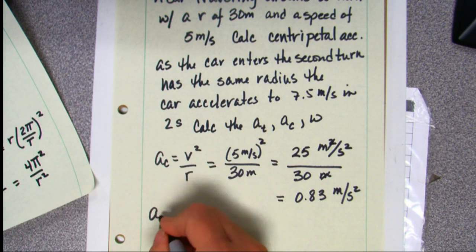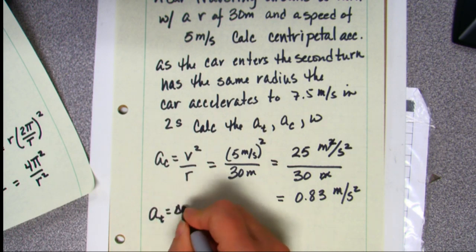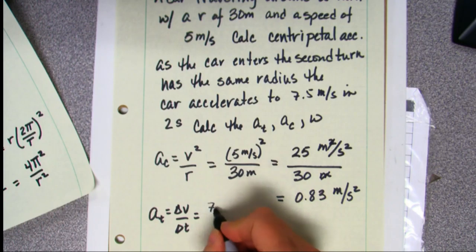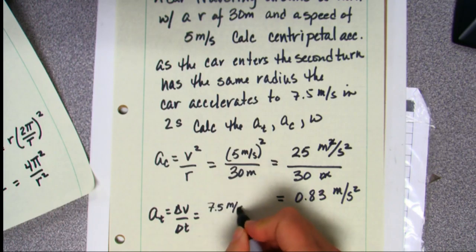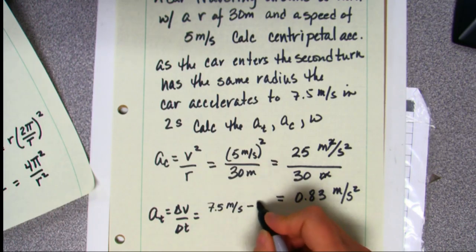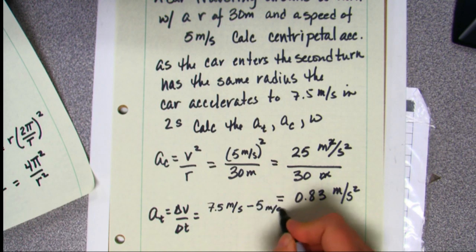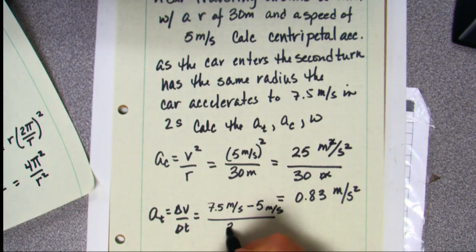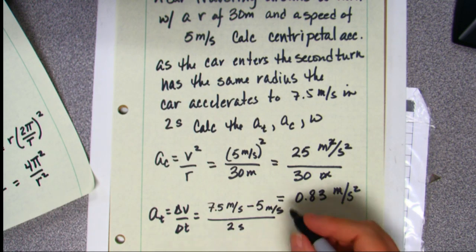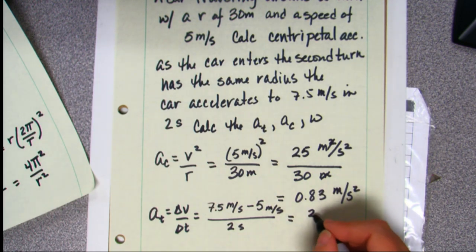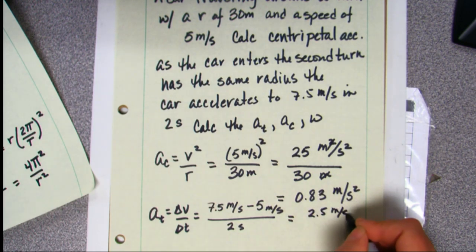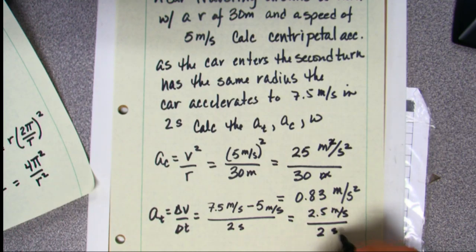My tangential acceleration is going to be my change in velocity with respect to time. So I'm going to go from 7.5 meters per second minus 5 meters per second, divided by my change in time, which was 2 seconds. This gives me 2.5 meters per second divided by 2 seconds.